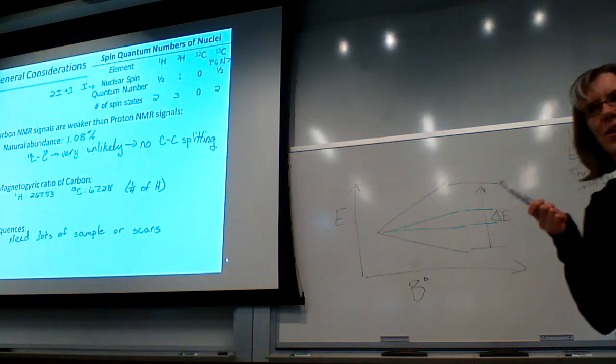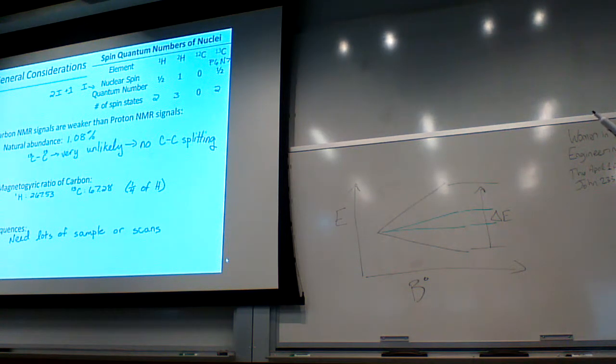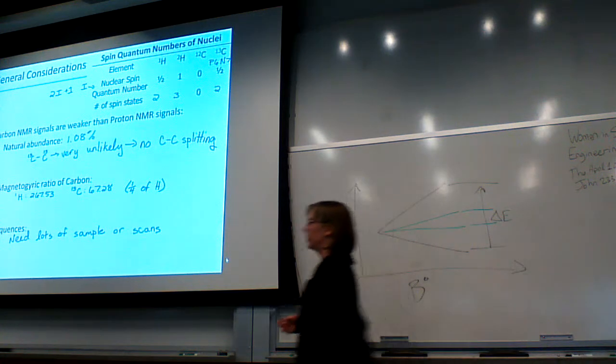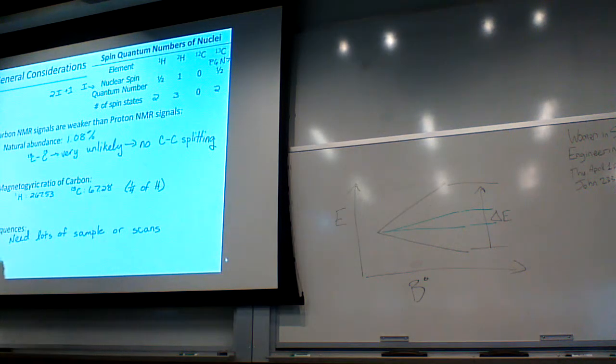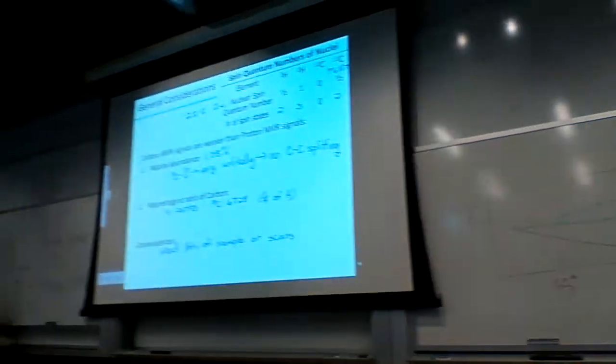And this has a consequence on the population states of the protons in the high spin state versus the low spin state. If you remember, we had that equation that related the number of spins that are in a high spin state versus low spin state, and that related to the energy.